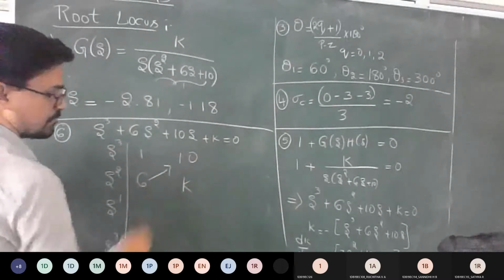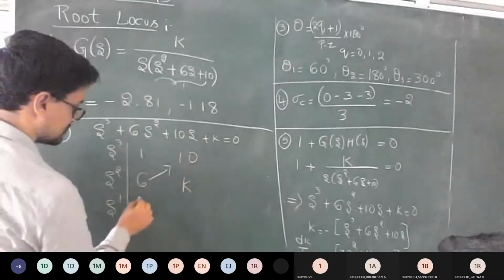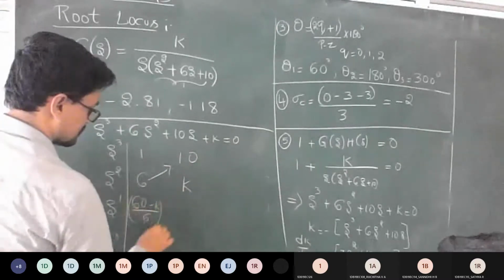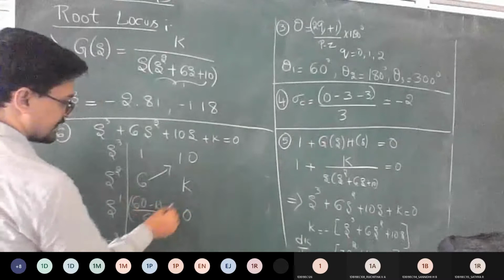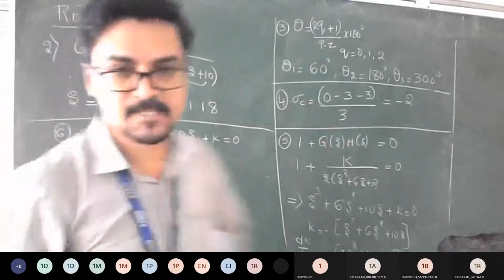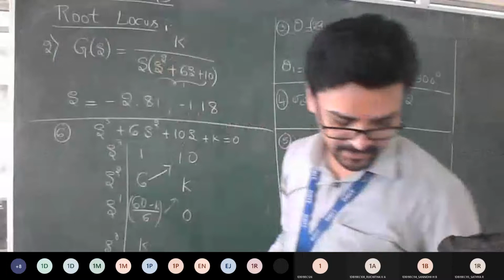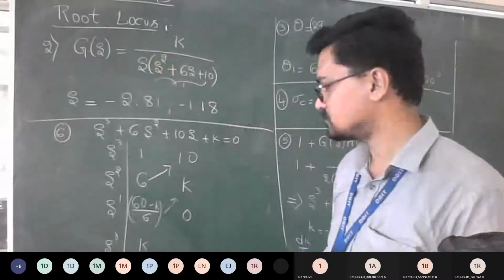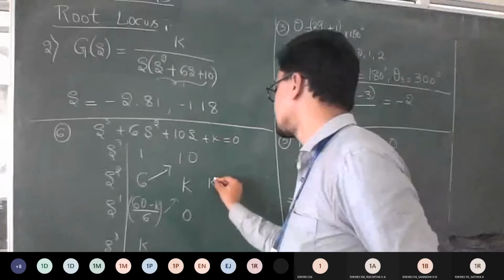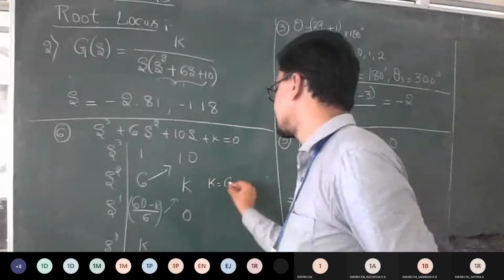Then 60 minus k divided by 6, and next is 0. So this is k, correct? What is the answer for k you are going to get? 60. Good. So you got the k margin as 60.